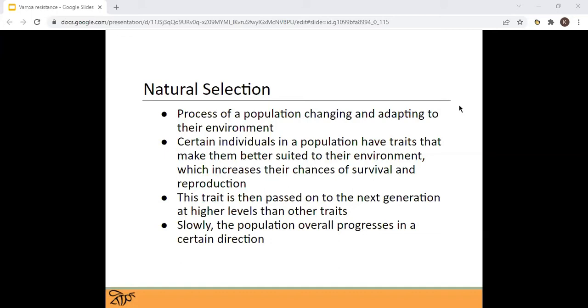So it increases the chances that the trait is going to be passed on to the next generation. When this happens in enough individuals, the next generation is going to have higher levels of this advantageous trait. And slowly, if the trait in question remains advantageous, then the population is going to progress in that direction of that advantageous trait.